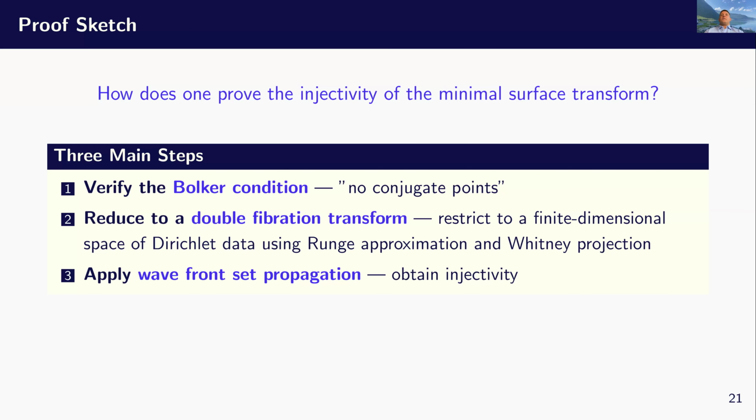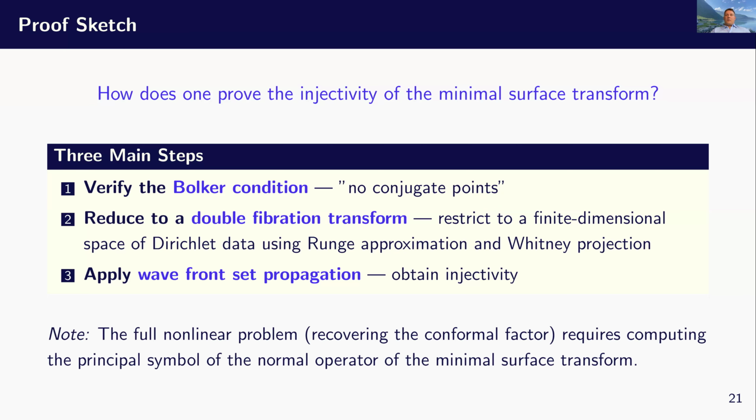Then we also need to do a reduction in the data space, because our boundary values live in a function space, so we need to reduce our data space to finite dimensions, and we do that by Runge approximation and by the so-called Whitney projection method. After those steps, we will get the microlocal injectivity, and after that we will need to propagate this microlocal injectivity to obtain the injectivity of the transformation itself.